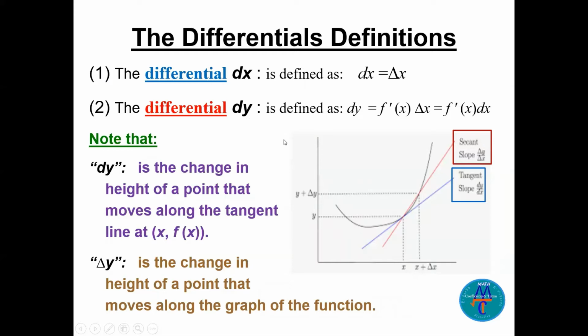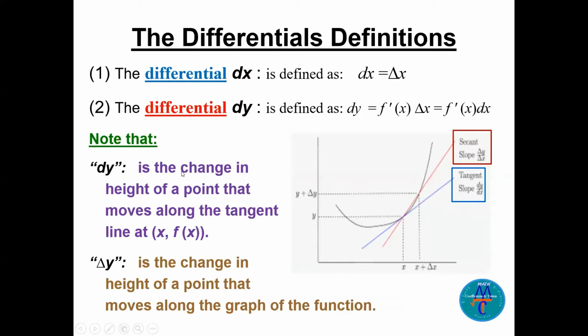Now, let me here summarize the differential dx and the differential dy. The differential dx is the same as delta x. And the differential dy is defined as f prime of x times delta x, or f prime of x times dx. Now, again, I will explain here dy and delta y, the difference between them.